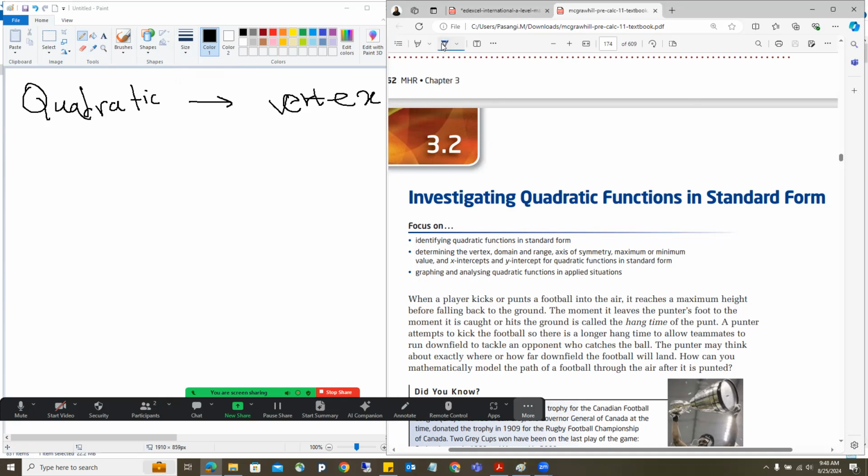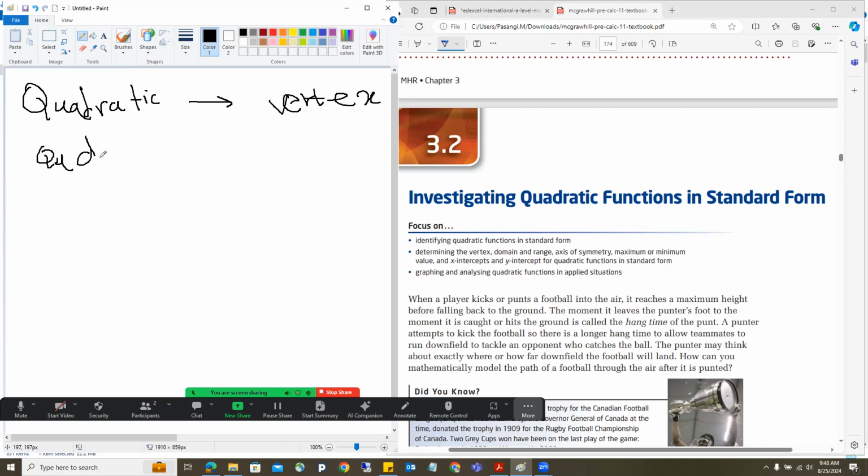Here it's not like that. Now we are going to do the same thing about the quadratic equations, but it's totally about the standard form.